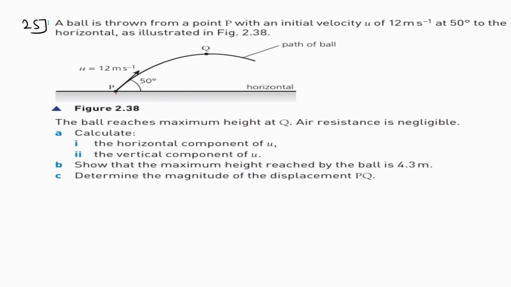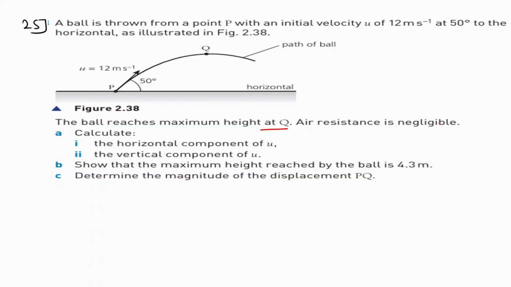They also drew the path of the ball, where Q is the maximum height point, and this is the horizontal. The ball reaches the maximum height Q over the journey.